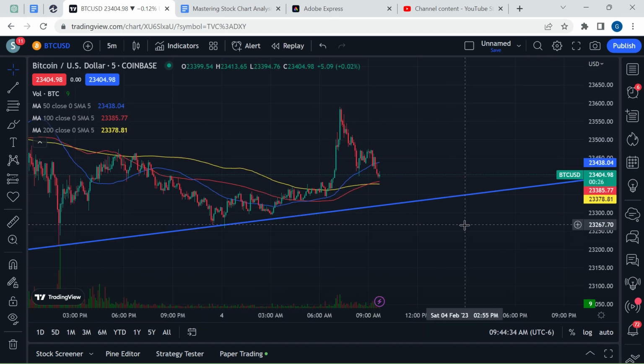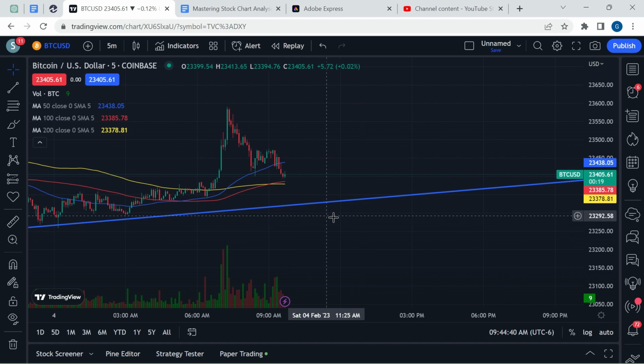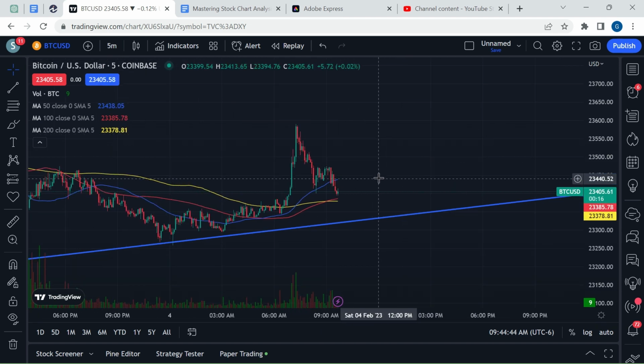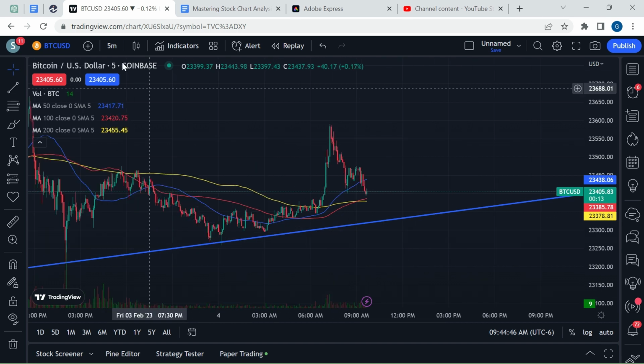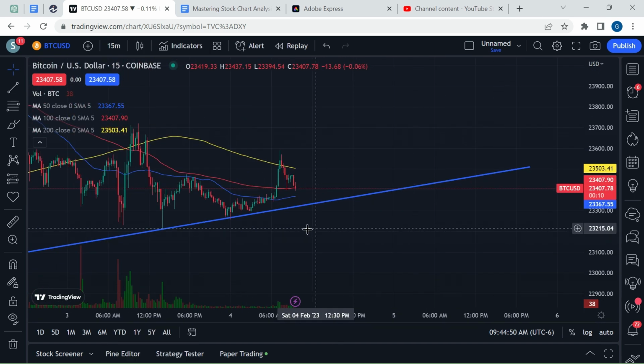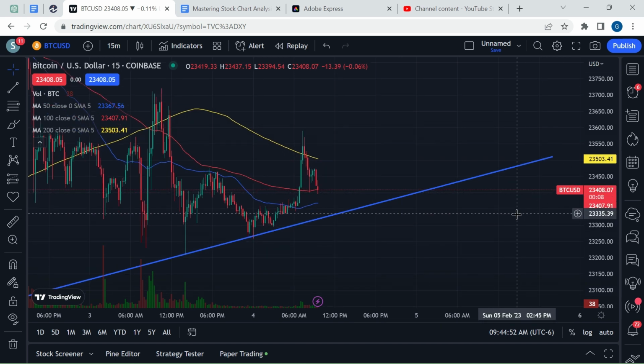As day traders or scalpers, you may want to use the 5-minute to determine where your entries are. So for this setup, we might do something like this.